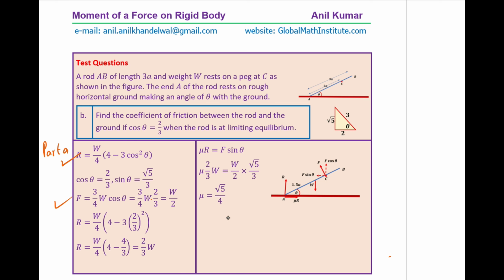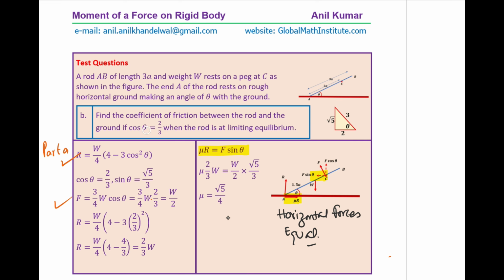The basic equation on which we are working is mu R is equal to F sine theta. So horizontal forces have to be equated, right? That gives you the equilibrium, right? So the static friction is just at cos theta equals 2 over 3.